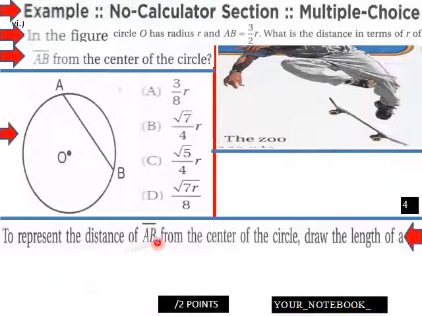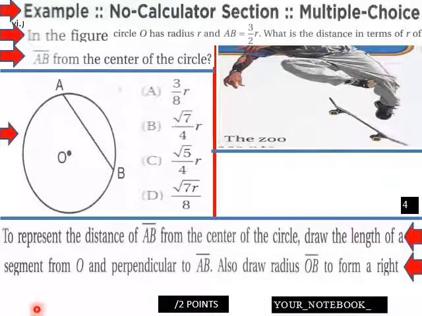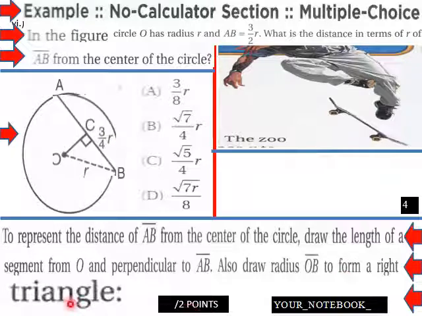To represent the distance of AB from the center of the circle, draw a segment from O, meaning here, and perpendicular to AB, which would be here or somewhere there. Also draw radius OB to form a right triangle. There it is.